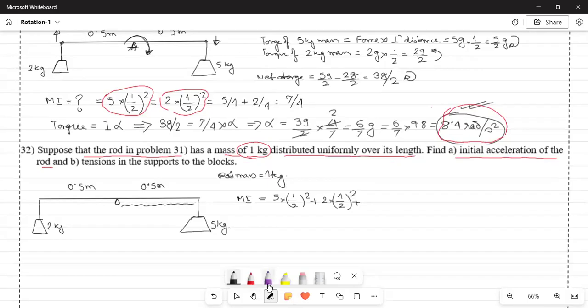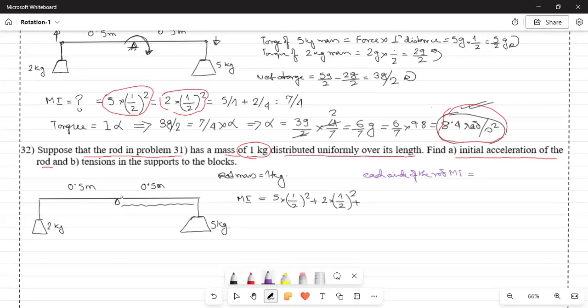Let me write here, that may be beneficial for you. Side of the rod, its moment of inertia.